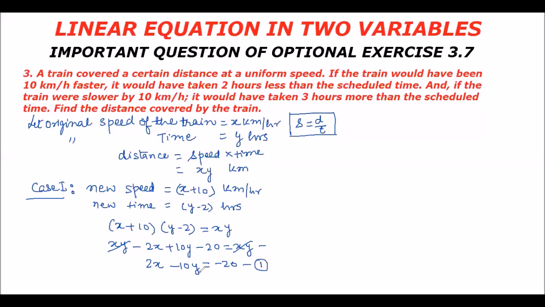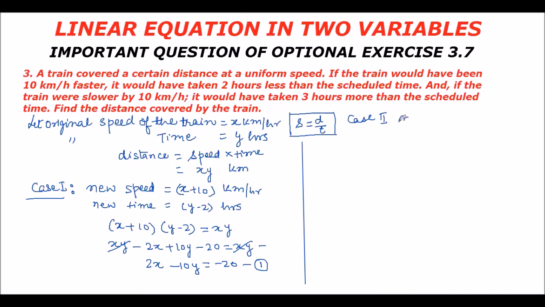Now children, the whole equation is divisible by 2. We can divide it by 2, but let's find out the second equation first. Maybe we are not in need of dividing it. So let's calculate the equation formed in the second case. In the second case, children, the speed is now decreased.